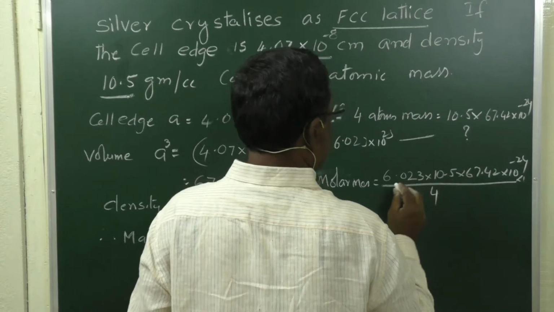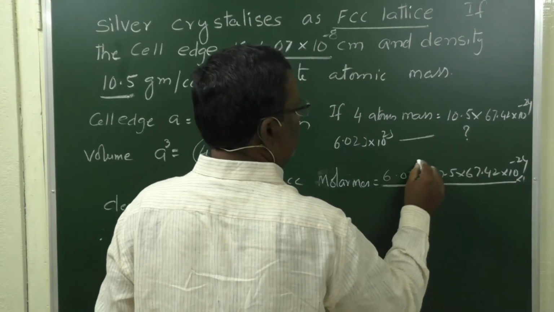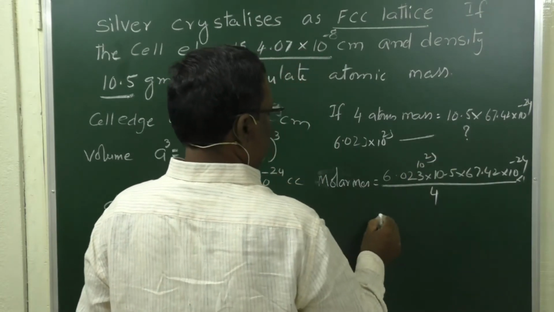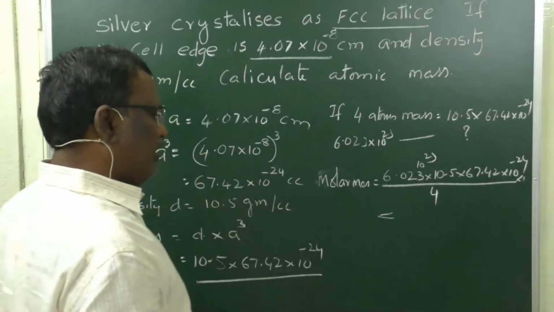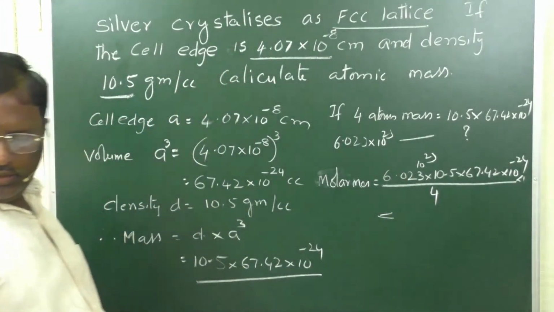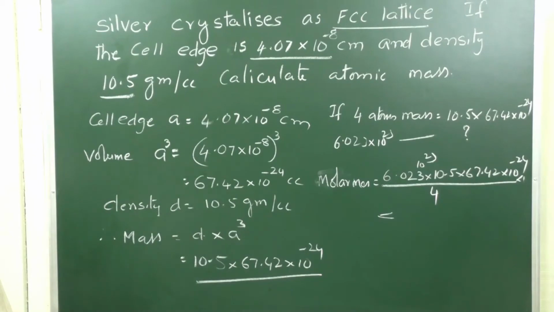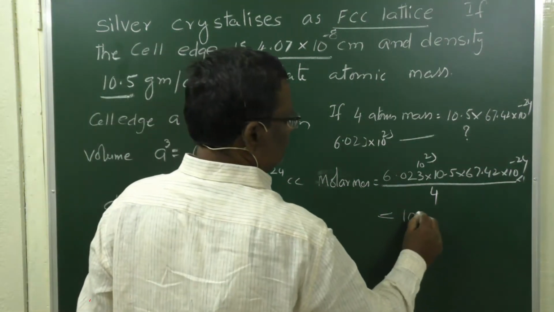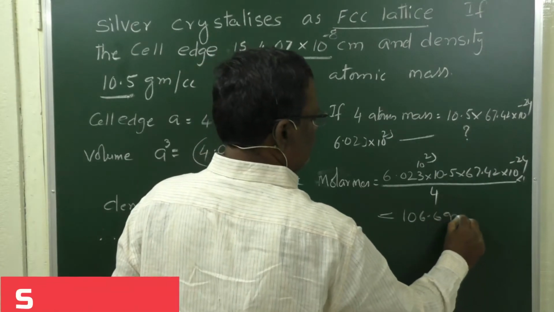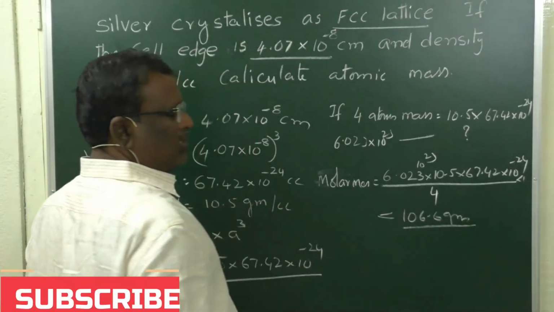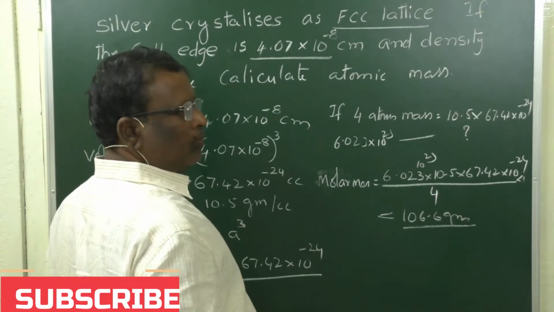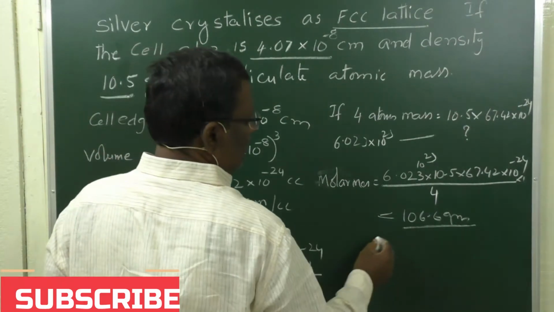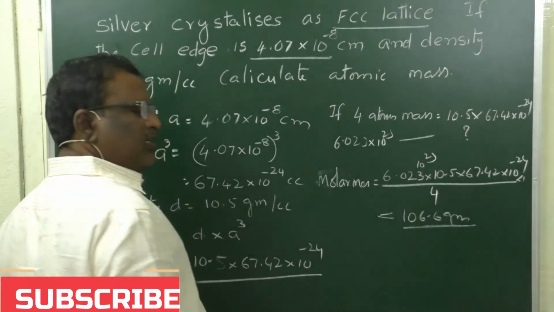Now you have to simplify to get it. On simplification, the value will be 106.6. This is the molar mass of the substance, that is, the mass of 1 mole. So, the atomic weight is 106.6.